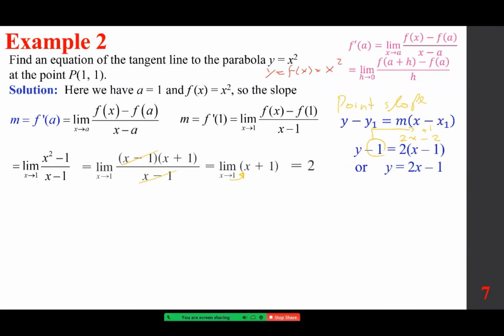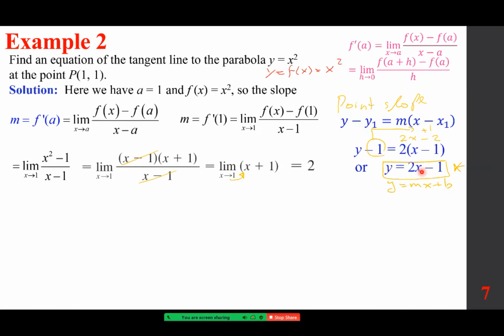Moving that gives you this equation in slope intercept form, y equals mx plus b. Slope intercept form. And what you can do, assuming your slope is correct here, the pair that belongs to the function y equals x squared also belongs to the line y equals 2x minus 1.